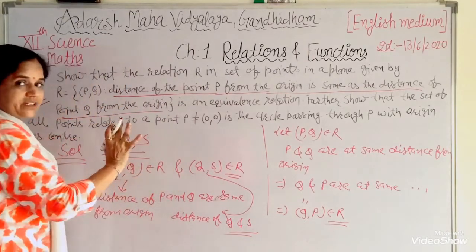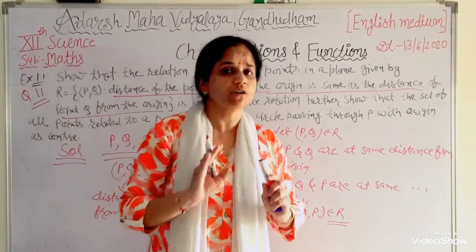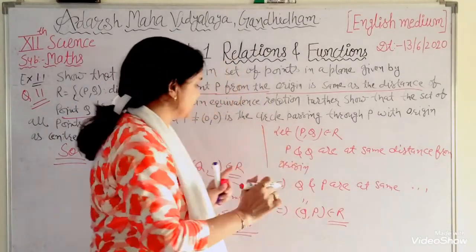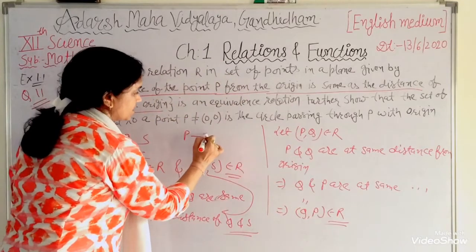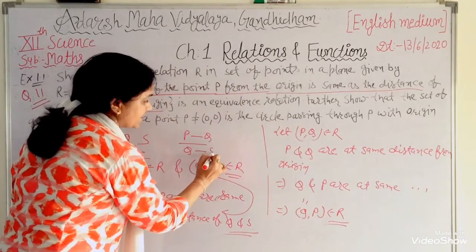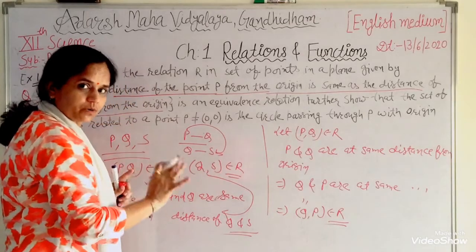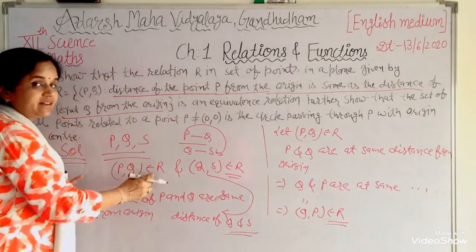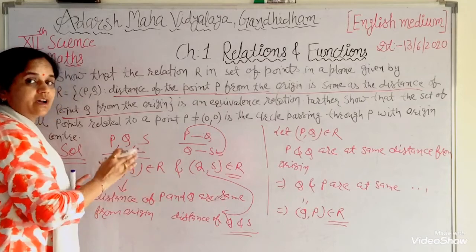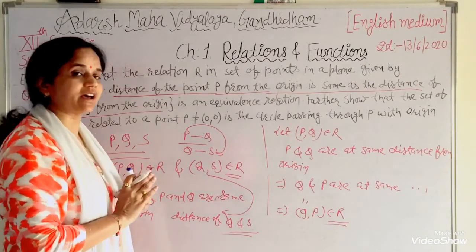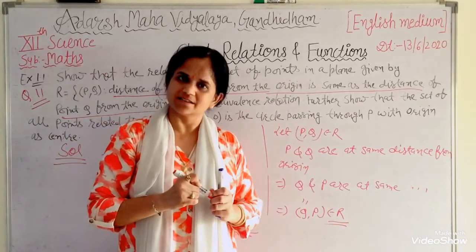Student, there are 3 points, but all 3 points have the same distance from the origin. It means if P relate Q, Q relate S, then P will relate to S. Okay, hence R is transitive, R is reflexive, symmetric and transitive. Therefore, R is an equivalence relation.